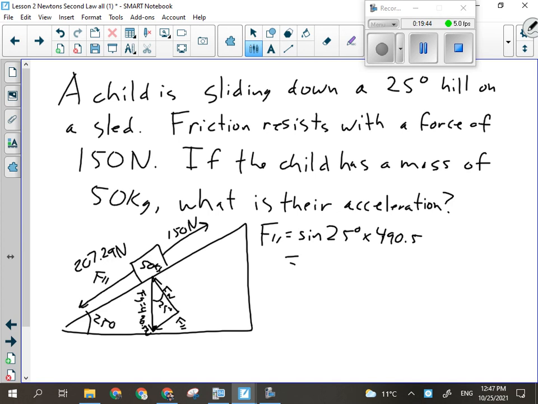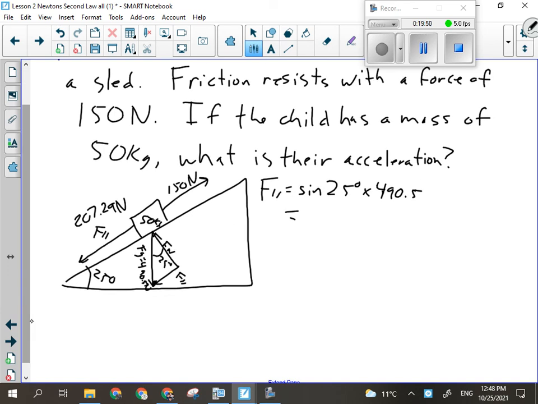Okay, what can I do now? I can find the net force now using the vector sum of all forces. F net is going to be F parallel plus the force of friction. Why am I not using the force of gravity in my sum of all forces calculation?